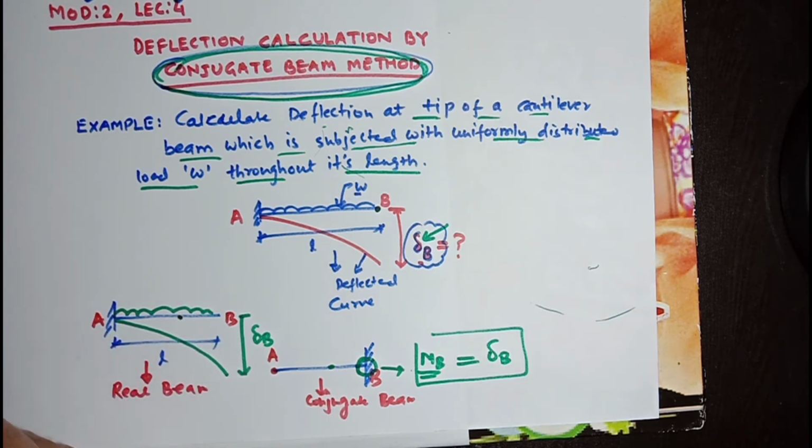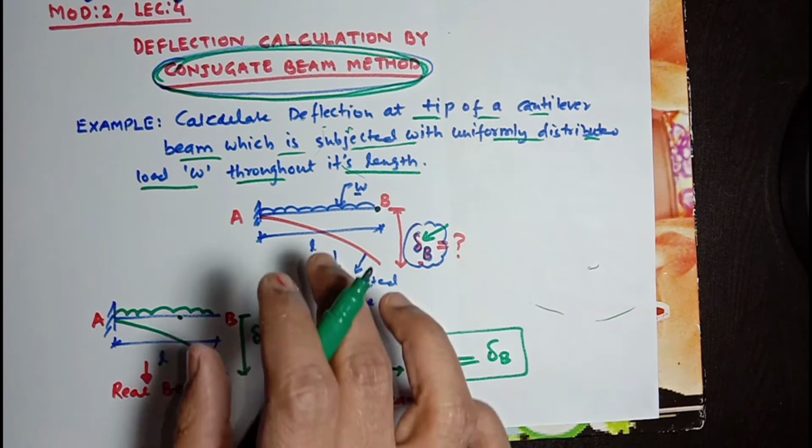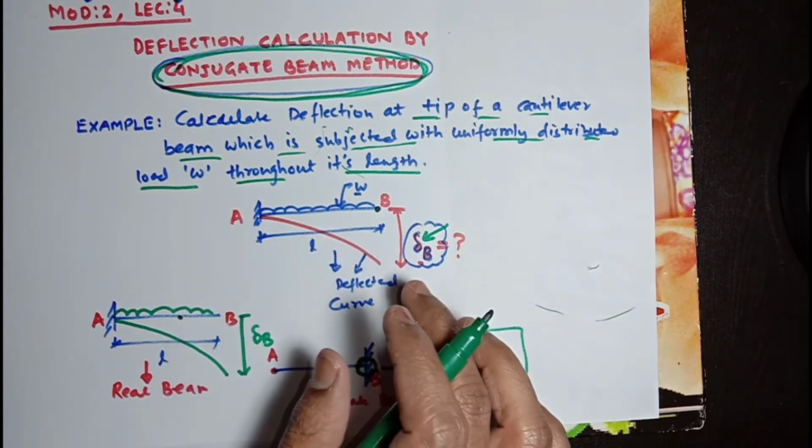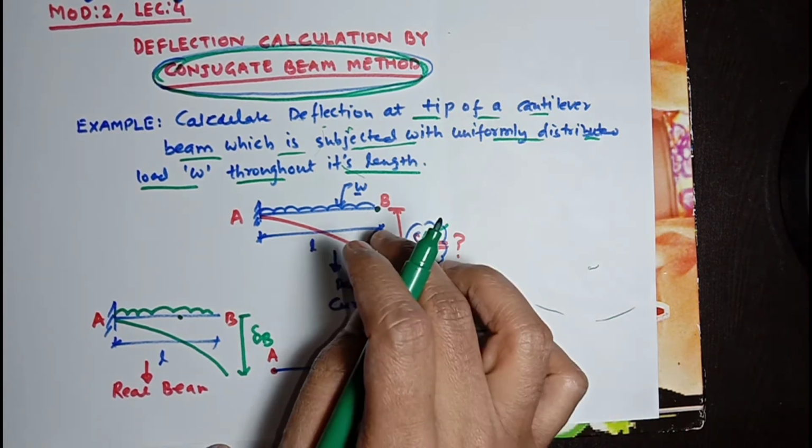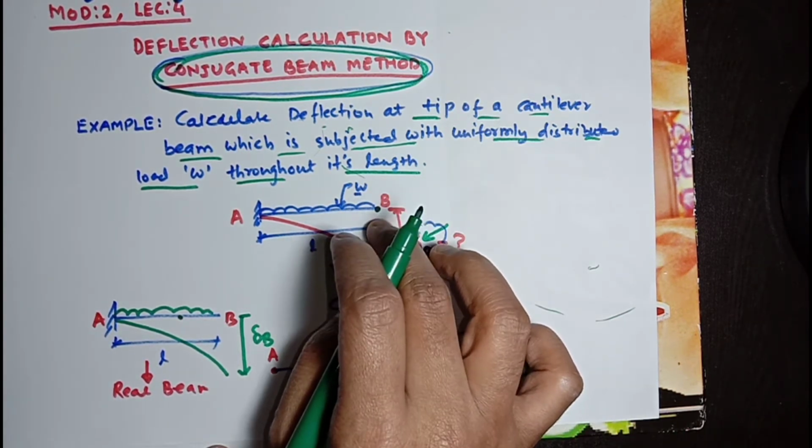So first we will convert this beam into a conjugate beam, then we will find the bending moment at this point for the conjugate beam.